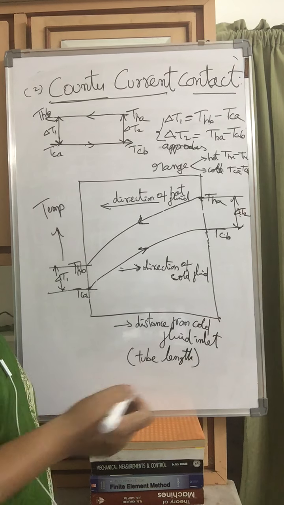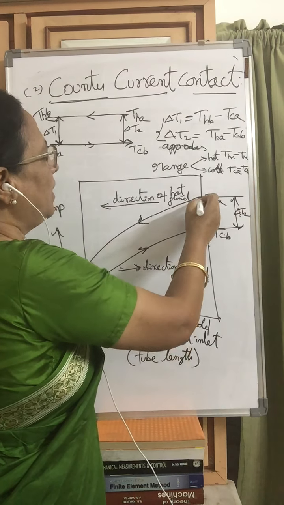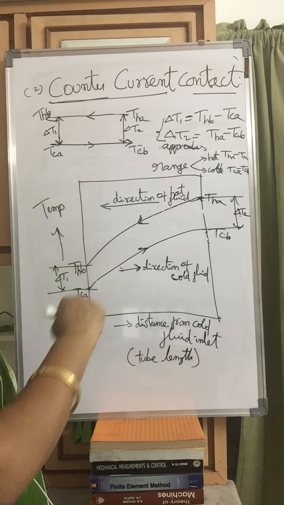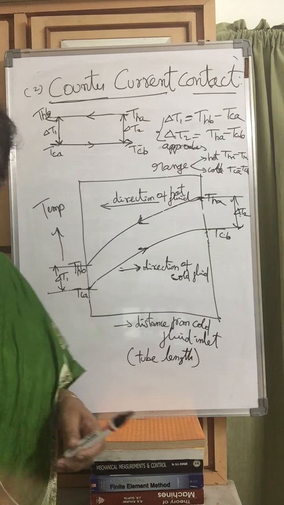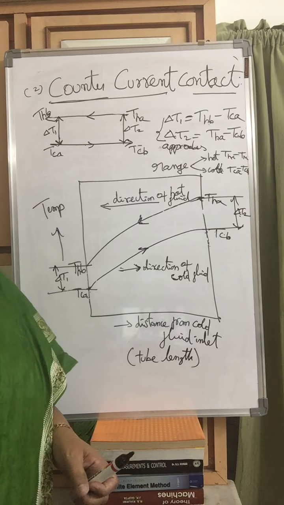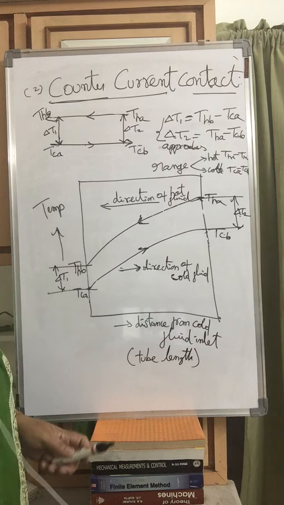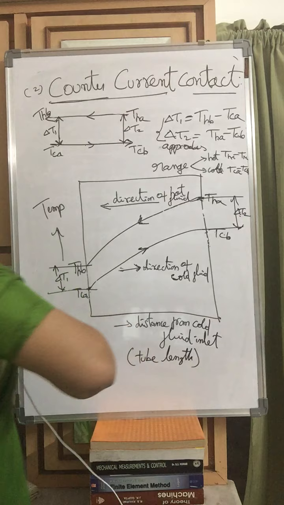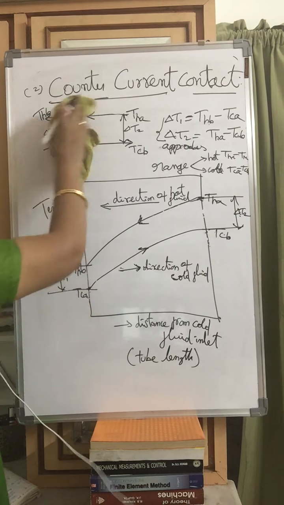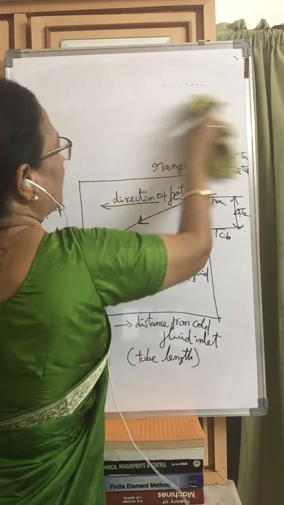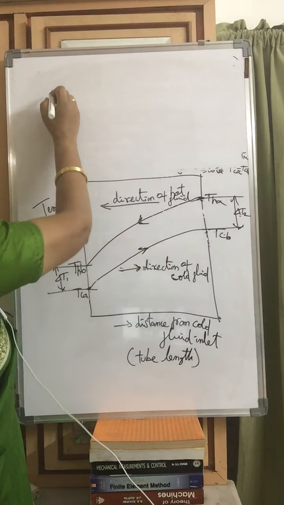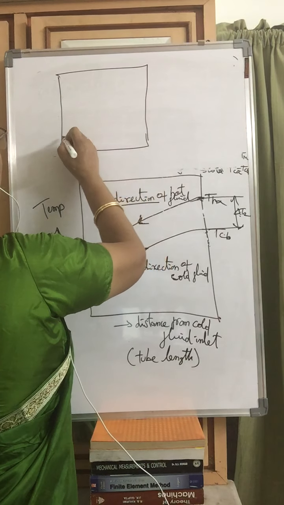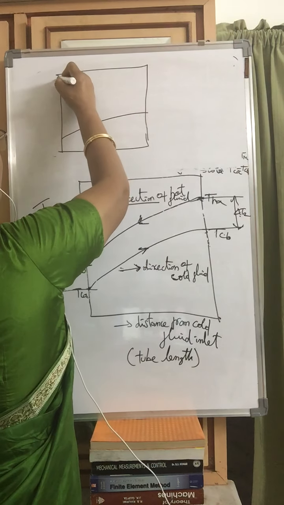Now the very important discussion is which contact gives you the maximum Q. For parallel I just want to show you, because we want to compare both.